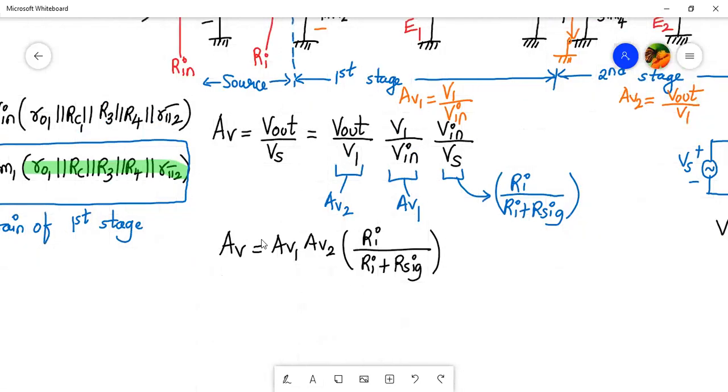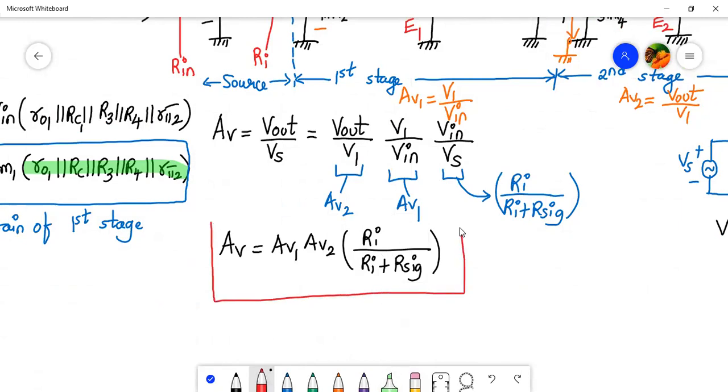Now we can write down, if you have the expression for AV1 and AV2, and we know the value of Ri and R6, we can calculate the overall voltage gain AV for the circuit, right? And that is given by this formula over here. So once we know the value of AV1, once AV2 is known, Ri and R6 is known, we can easily calculate the overall voltage gain of the cascade amplifier.